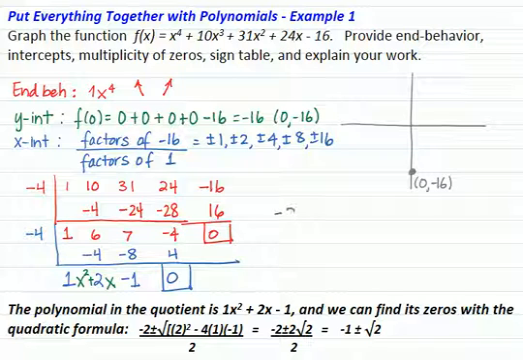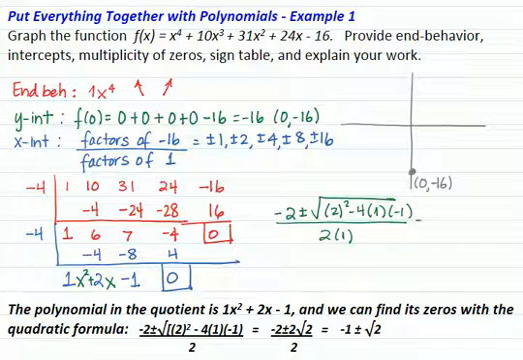Negative b is negative 2 plus or minus the square root of b squared minus 4ac, divided by 2a, is equal to negative 2 plus or minus the square root of 8 divided by 2, which simplifies to negative 2 plus or minus 2 square root of 2 divided by 2, which simplifies to negative 1 plus or minus the square root of 2.